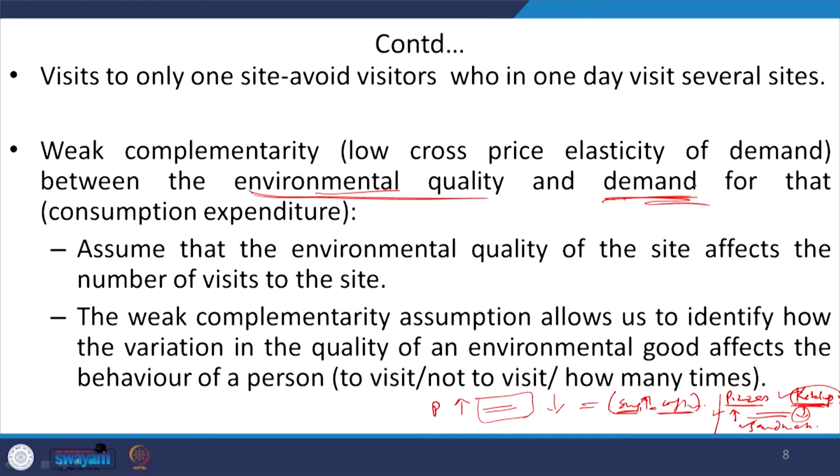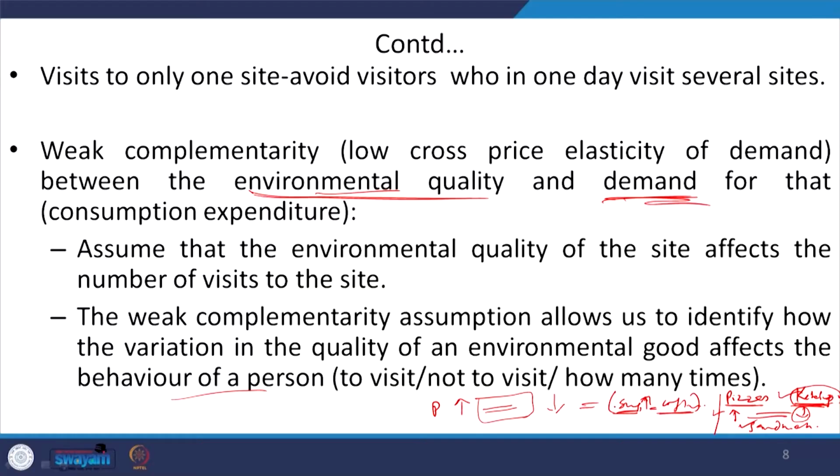And this weak complementarity assumption allows us to identify how the variation in the quality of an environmental good can affect the behavior of a particular person, whether to visit or, if visiting is not strictly affected, how it is impacting the visit.